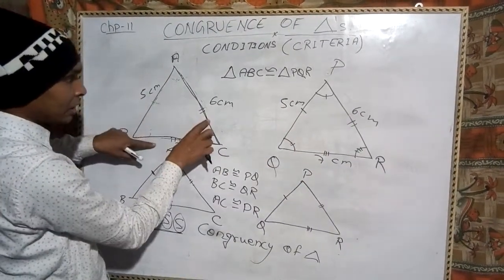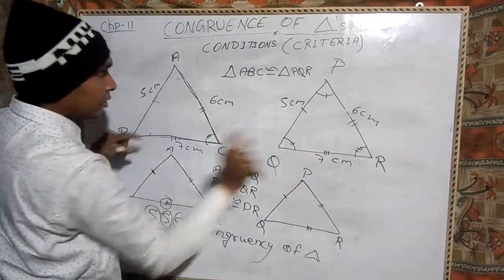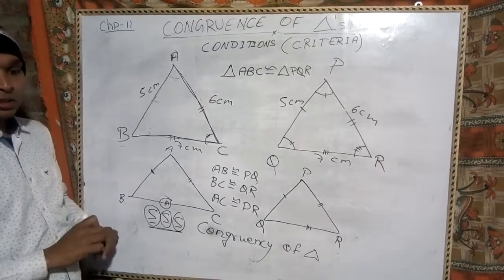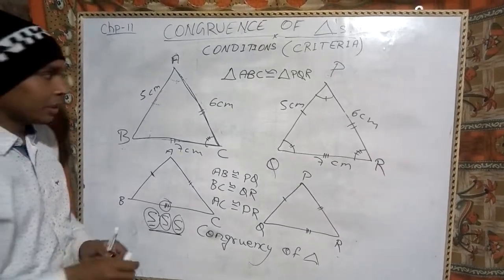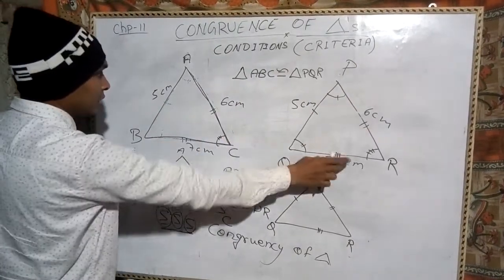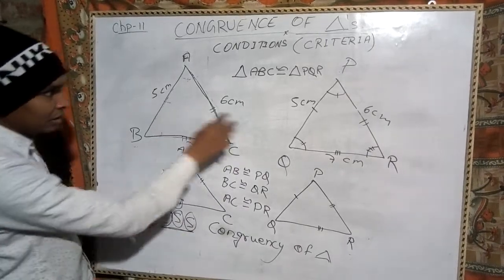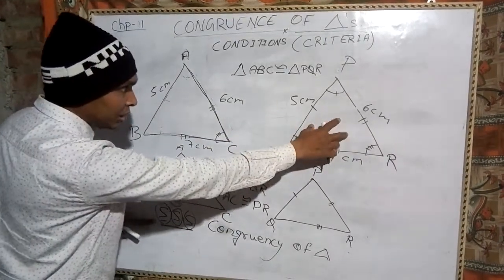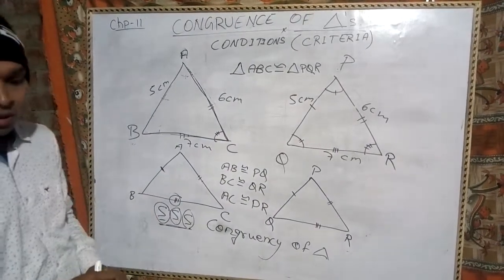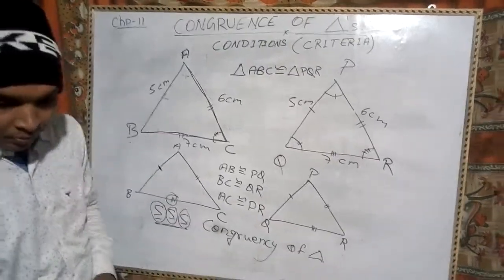All three sides are equal to the corresponding three sides. This is the example of the triple S condition, triple S criteria. Three sides are equal to the three corresponding sides.